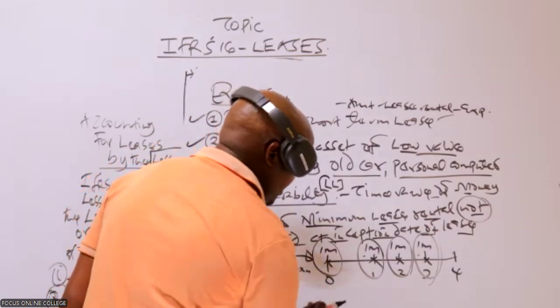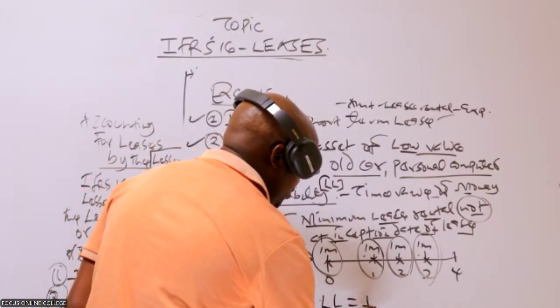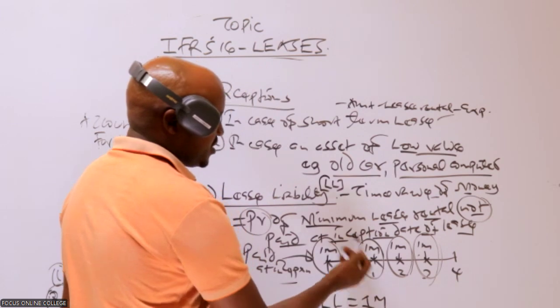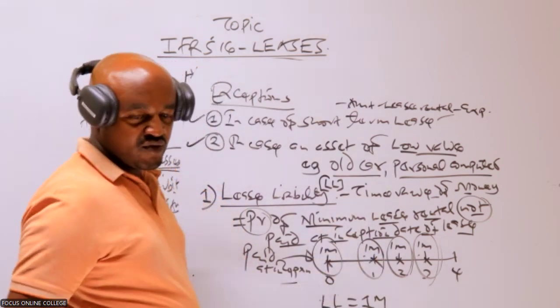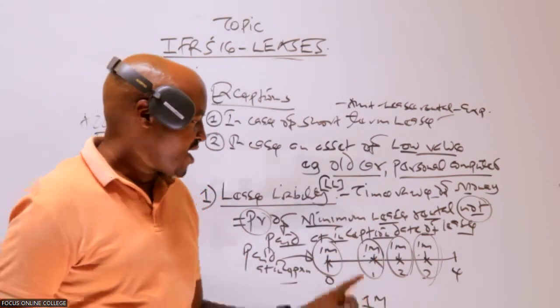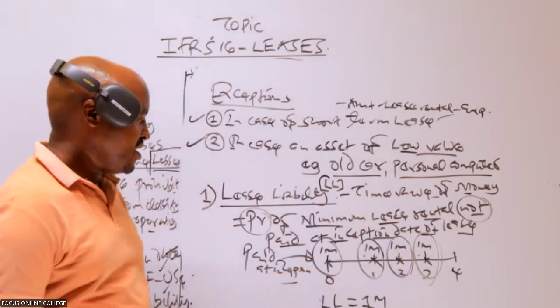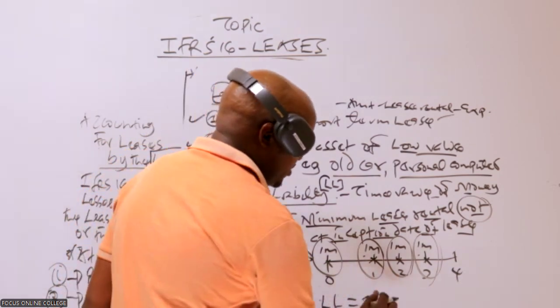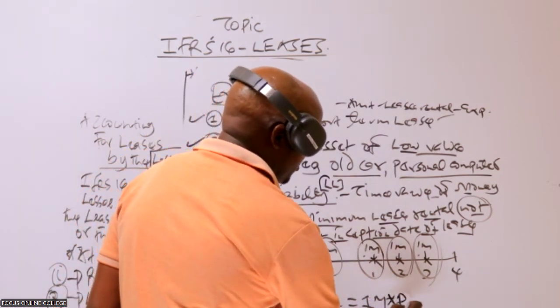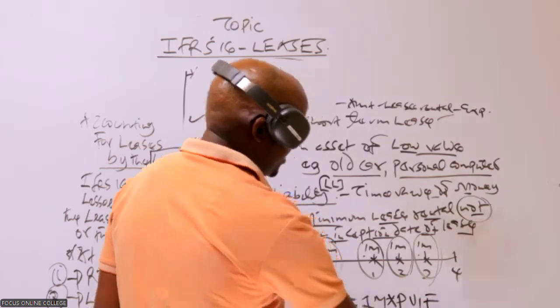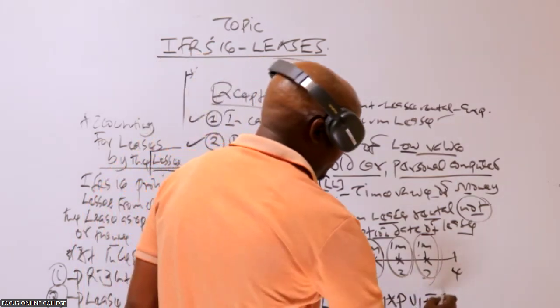It basically means that the lease liability will be equal to 1 million, and then we need to discount this. So when discounting, these are annuities. Maybe you have covered something to do with that in FM. So we take these annuities, 1 million, and multiply that with something called the present value interest factor of annuity.